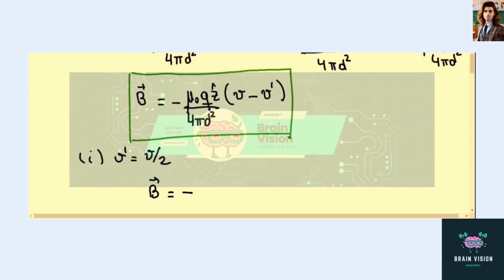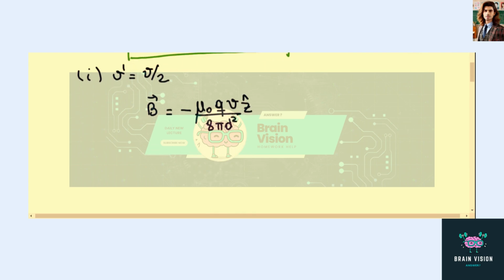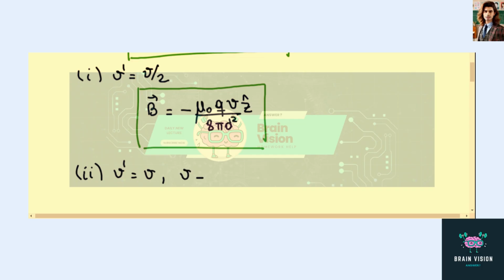So B is just minus mu 0 q v over 8 pi d squared z. In the second case, v prime is equal to v, so v minus v prime is 0, and B is just 0.